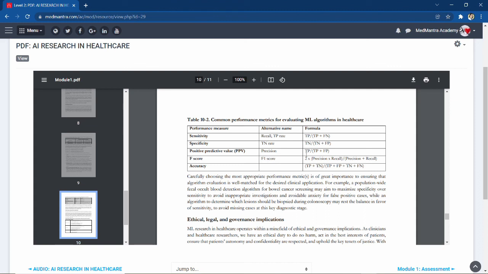For example, a population-wide fecal occult blood detection algorithm for bowel cancer screening may aim to maximize specificity over sensitivity to avoid inappropriate investigations and avoidable anxiety for false positive cases, while an algorithm to determine which lesion should be biopsied during colonoscopy may rest the balance in favor of sensitivity to avoid missing cases at this key diagnostic stage.